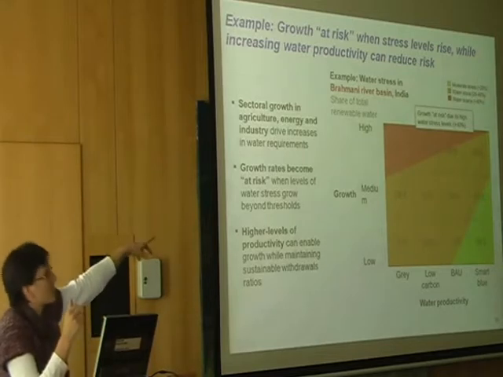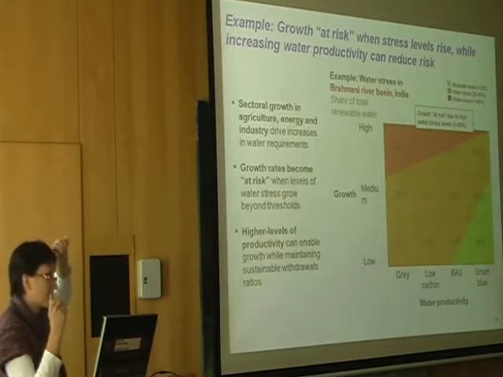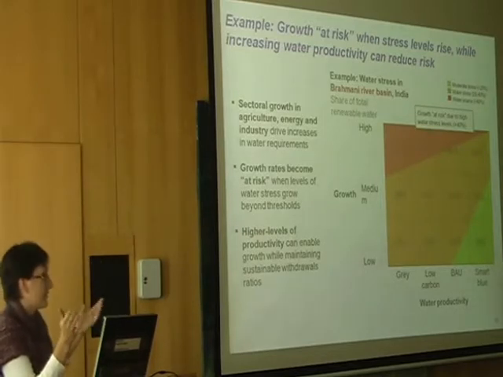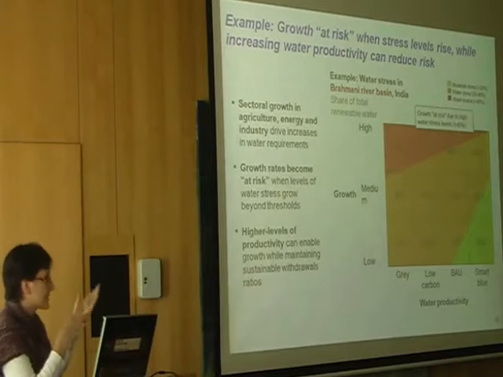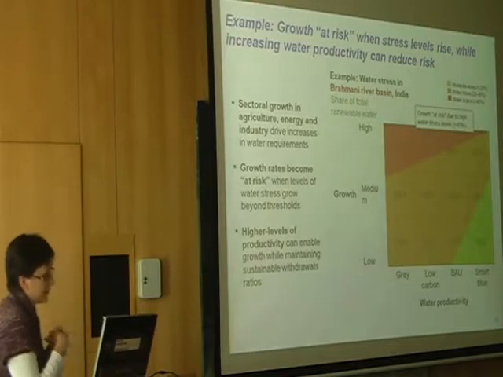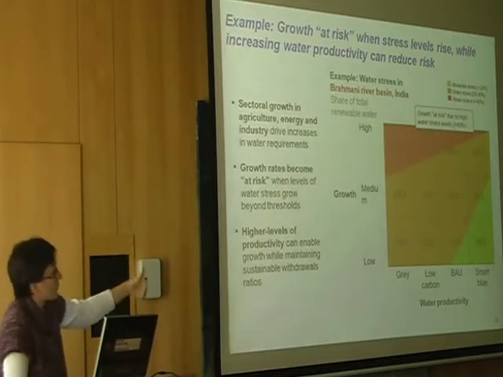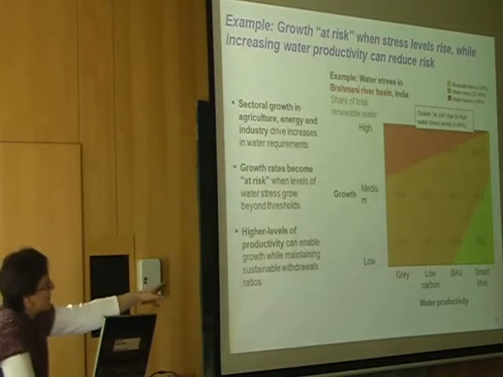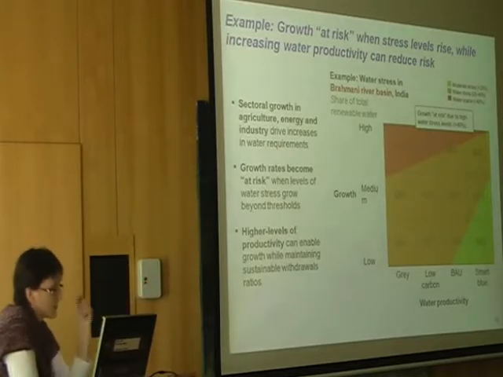However, if at the same time you have high economic growth, then you pass the threshold of what we call water scarcity. At that point, we say that growth in this area is at risk because you withdraw a very large amount of your water resources. On the other hand, if you're very aggressive in improving your water use efficiency levels across all the sectors, domestic, industry, and irrigation, you can get to a very low water stress level in that basin.